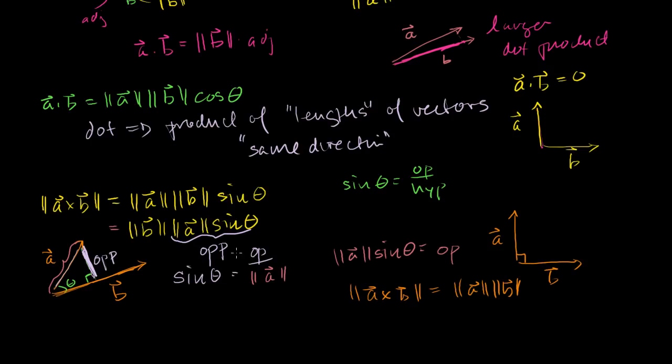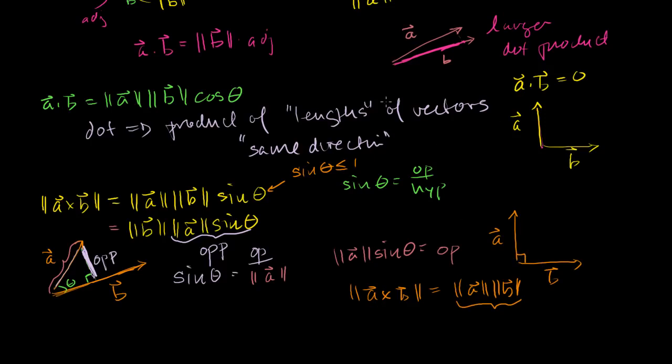And what's the sine of 90 degrees? It's 1. So in this case, you have maximized the length of your cross product. This is as high as it can go, because sine of theta is always less than or equal to 1. This is the highest possible value, when you have perfectly perpendicular vectors.